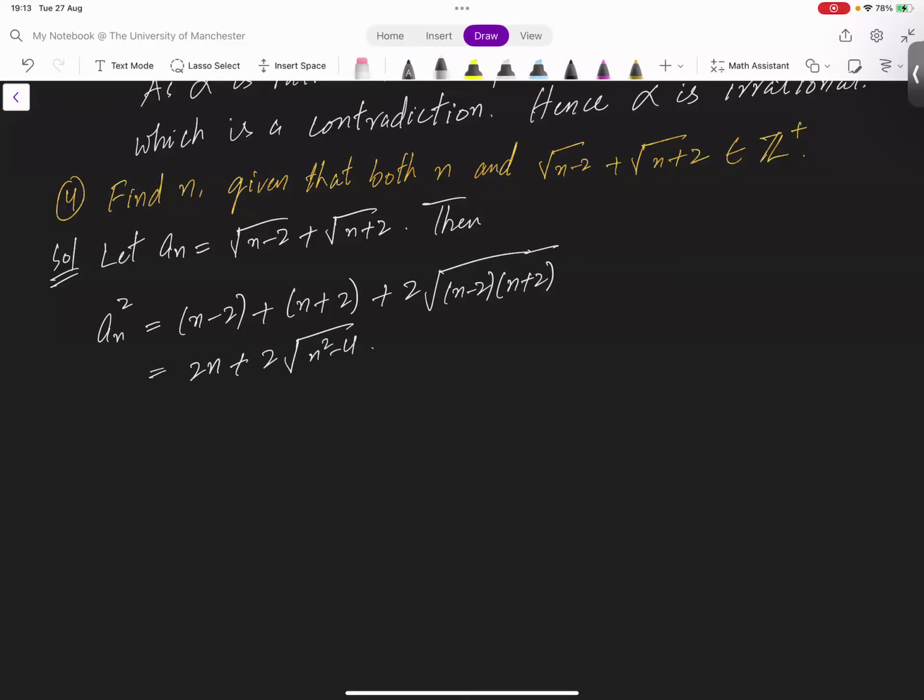We are given that a_n is an integer. This implies that n square minus 4 is rational.